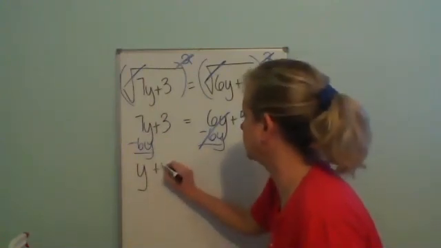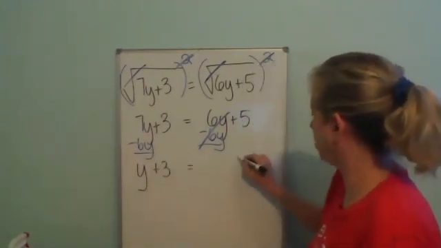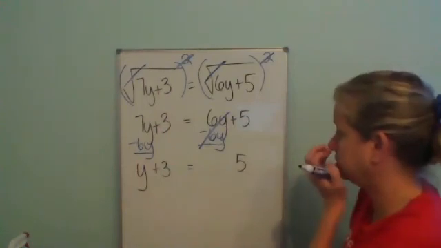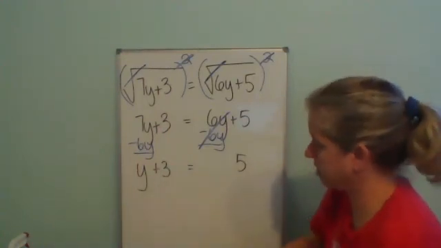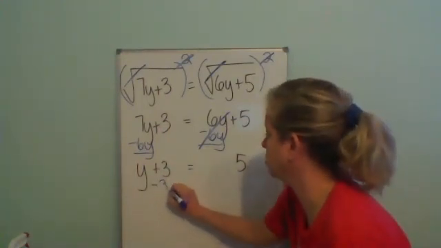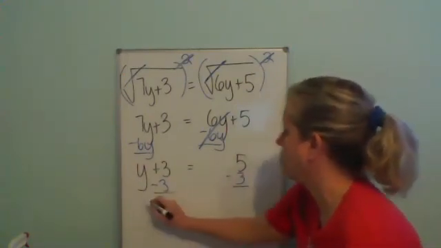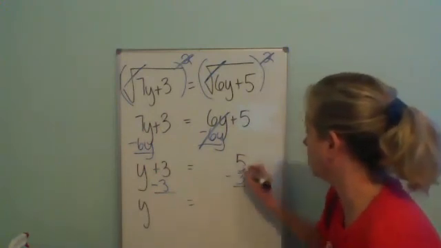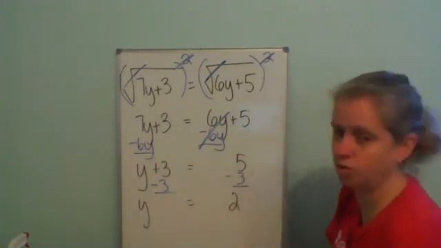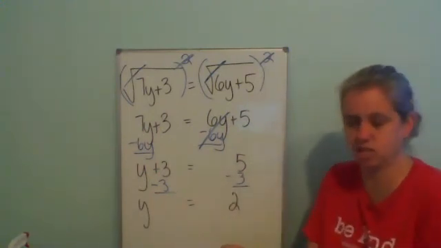Bring down the plus 3 equals 5. Getting y by itself, so all I need to remove is the plus 3 with a minus 3. So what are you left with? y on this side equals 5 minus 3, which is 2 on that side. So your answer is 2.